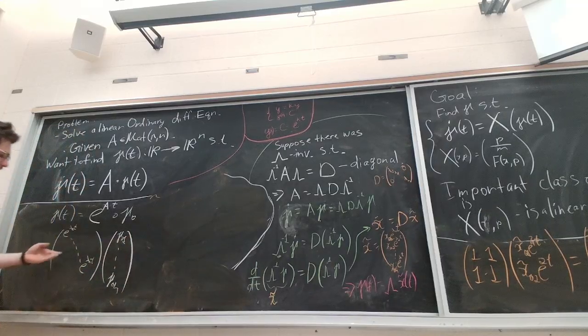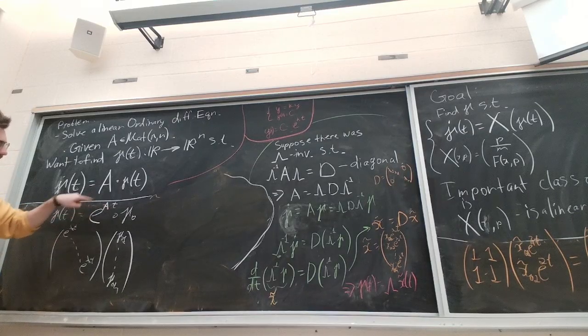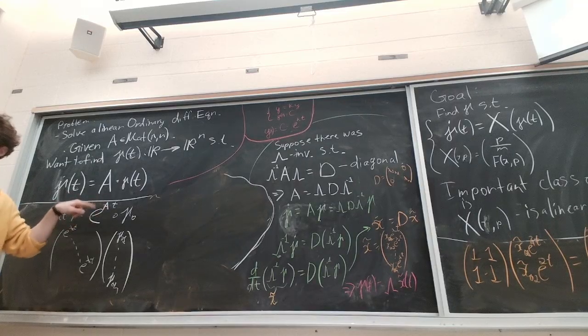This was already the case for a diagonal matrix, and if it worked for a diagonal matrix, surely we can do something like this. So the question is, what is this? I have to define this somehow. I want to write this down, but what does this mean?